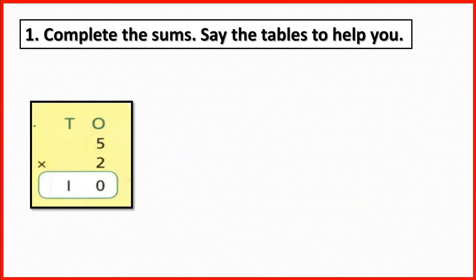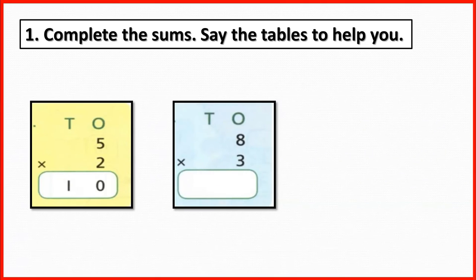The next one is 8 3s are 24. In 24 there are 2 tens and 4 ones. So we write 4 in one's column and write 2 tens in 10's column.